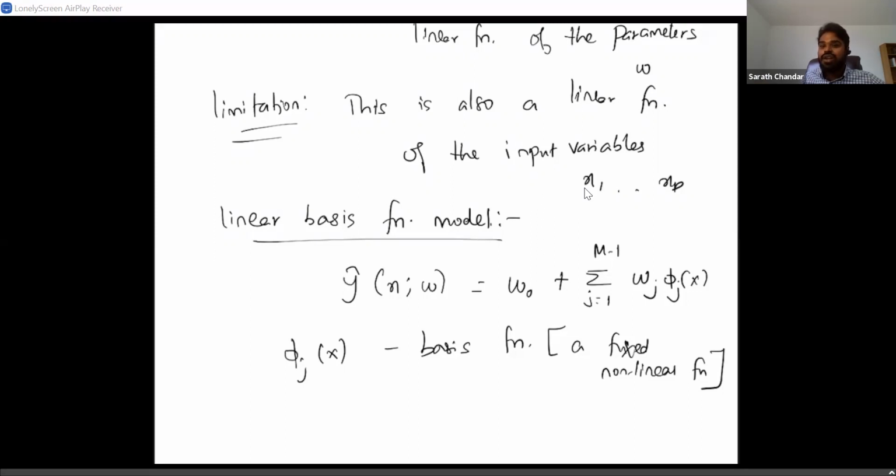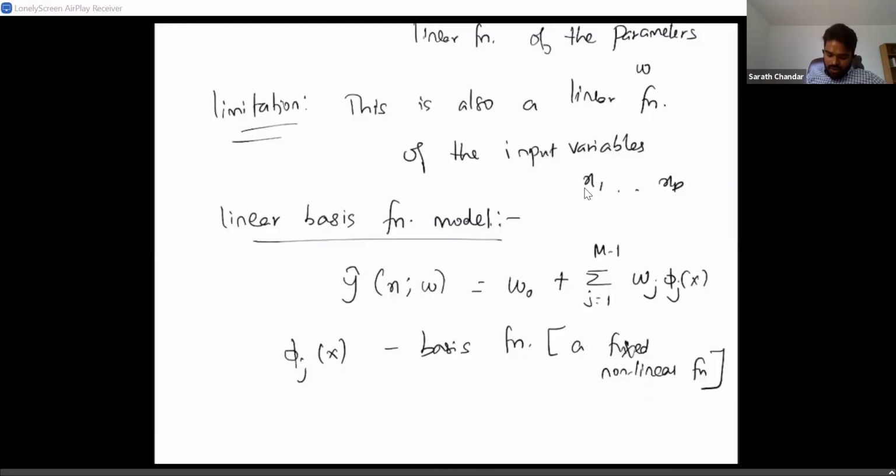Either you make the model non-linear with respect to W, which is something that we cannot do right now because we have only learned how to do closed form solutions. The moment you make the model non-linear with respect to W, you cannot come up with a closed form solution. Or a cheaper thing to do is to make the model non-linear with respect to the input. We can do that by taking the input and applying a fixed non-linear function to it.